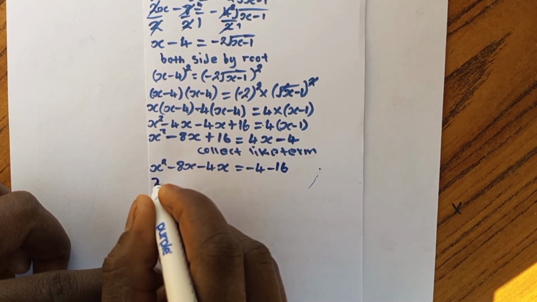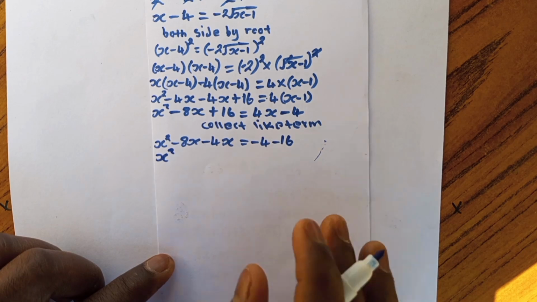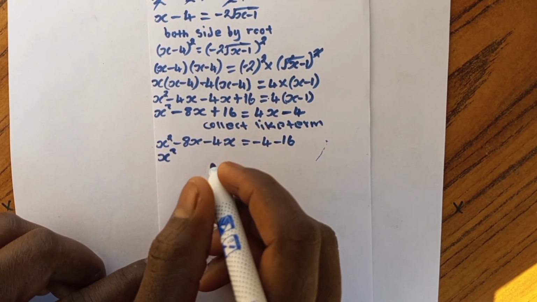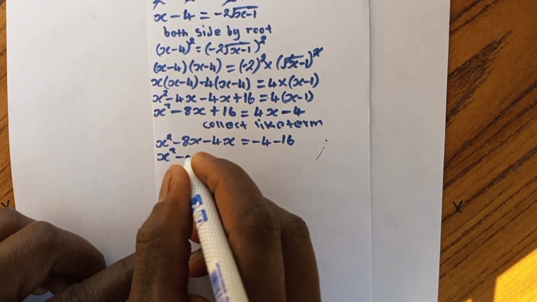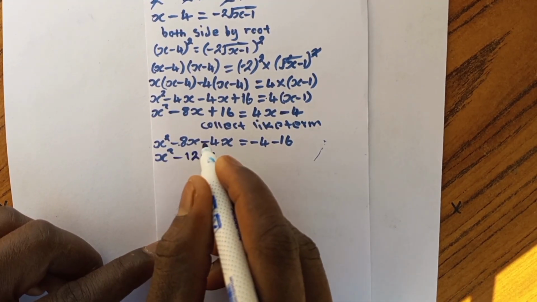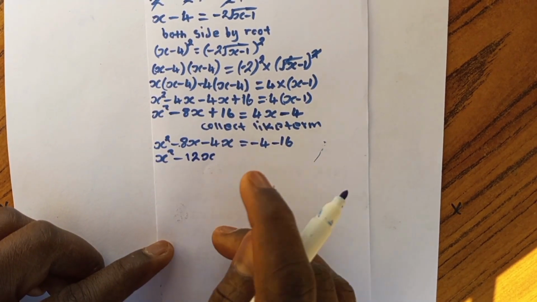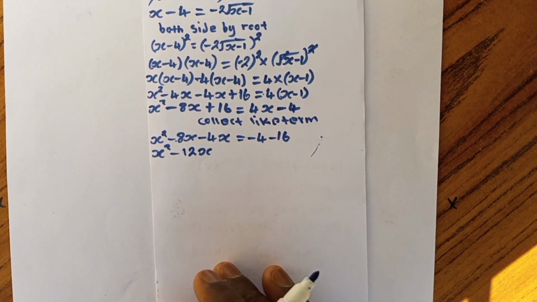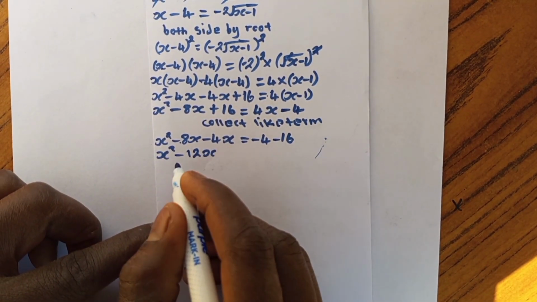So we have x square minus 8x minus 4x, meaning we are going to have minus 12x. Whenever the signs are the same, take one sign, minus minus, take one minus, then we add the numbers.